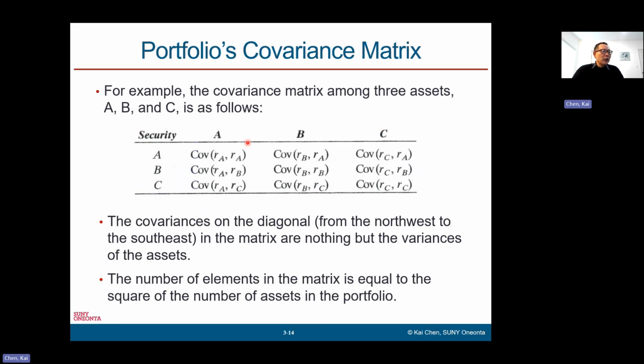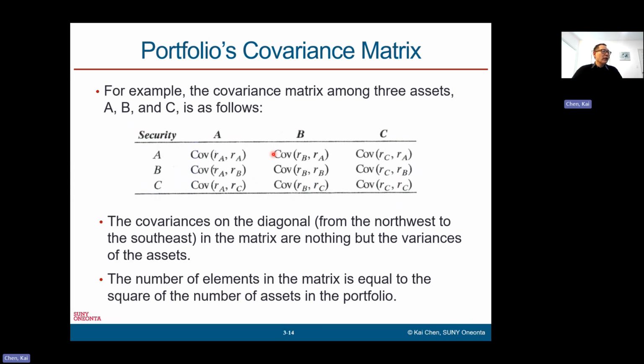And the second one is, we can see this covariance matrix is symmetrical around the diagonal. Now let's look at two elements that are symmetrical around the diagonal.